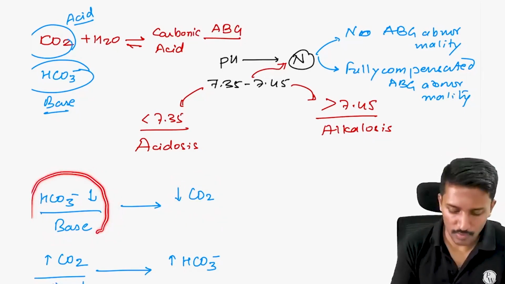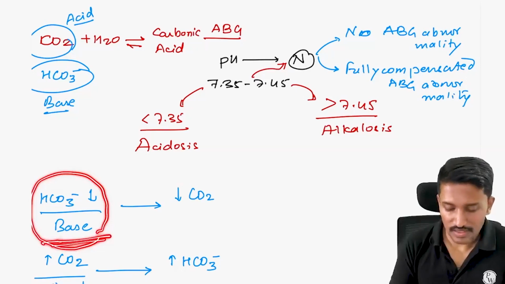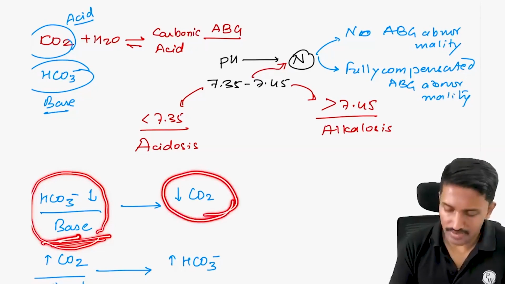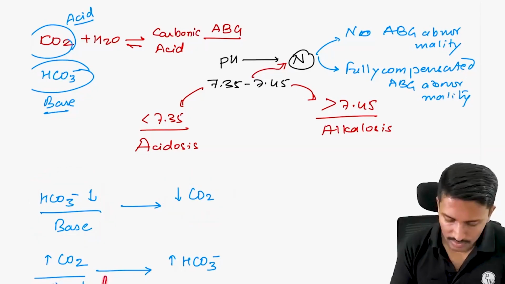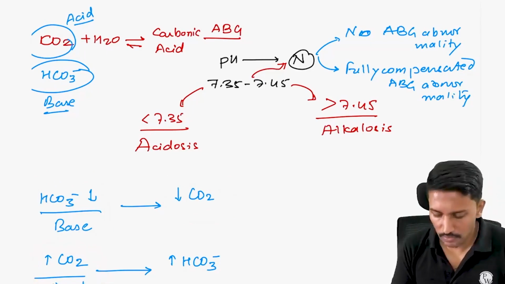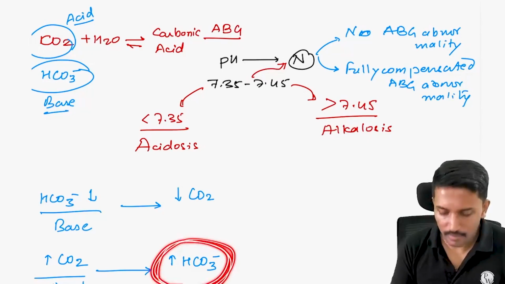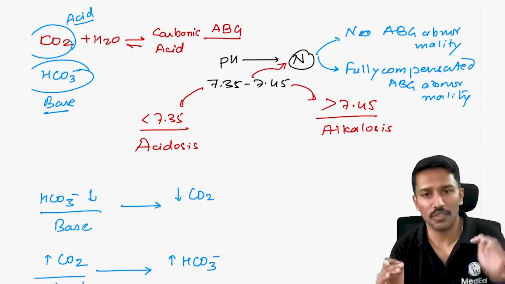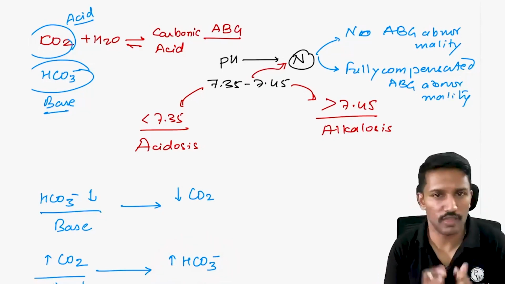Here the primary abnormality was a deficit in the base, so we had a decrease in carbon dioxide, right? In the second example, there was too much carbon dioxide retention, and to compensate for that, we had to retain bicarbonate. So the direction of compensation and primary abnormality will always be the same.